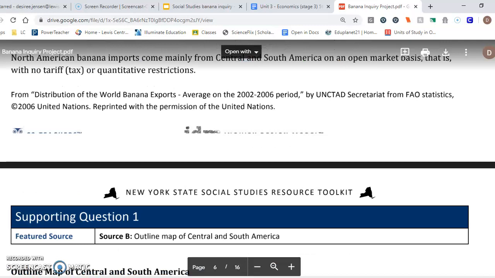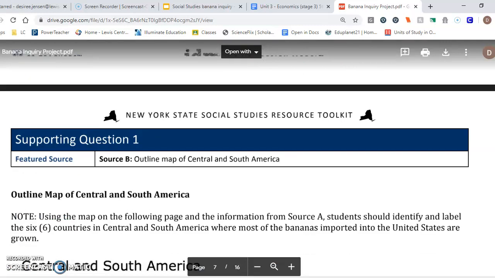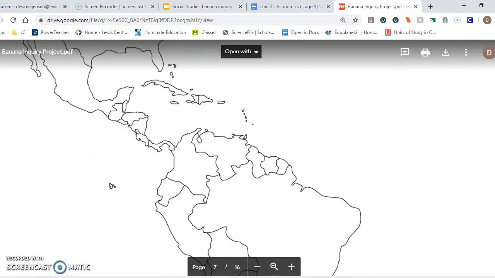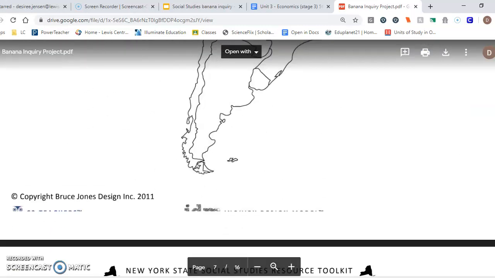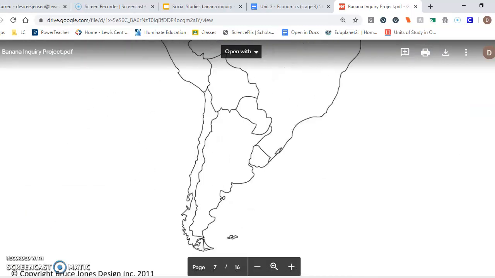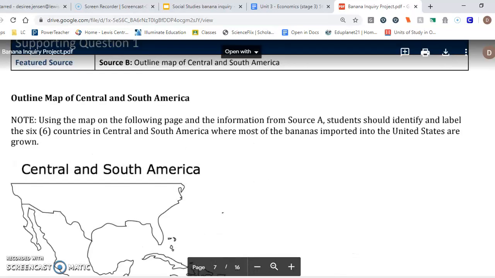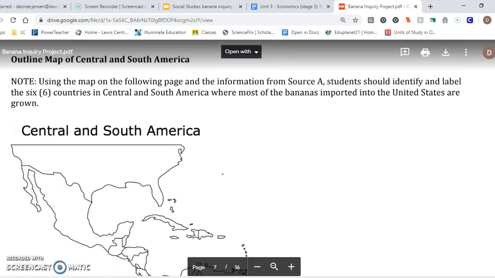Now, if you have access to a printer, I would suggest printing off a map of North and South America that looks like this. However, if you don't, it's fine. This is more of an outline of Central and South America, so it can allow you to identify and label those six countries.